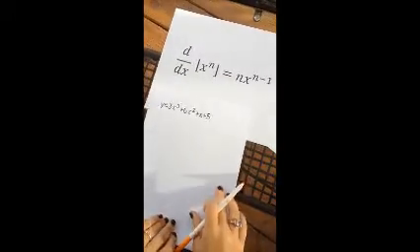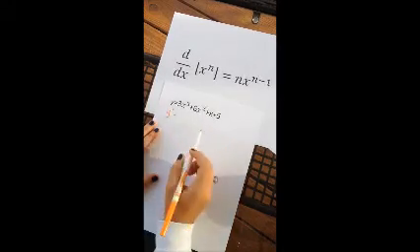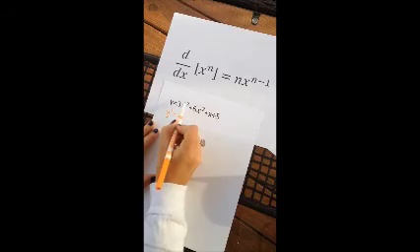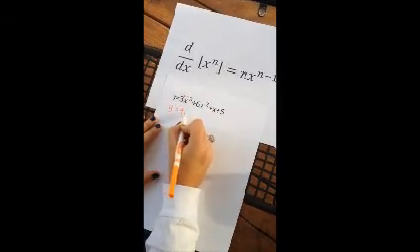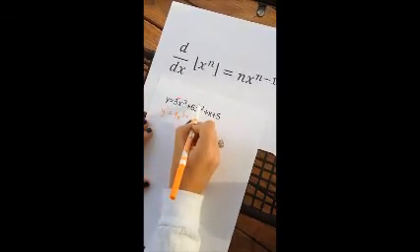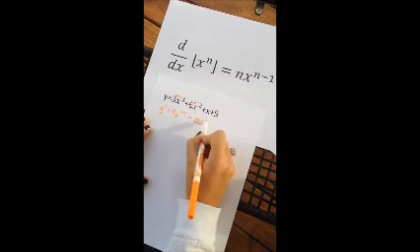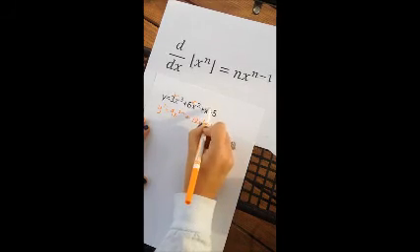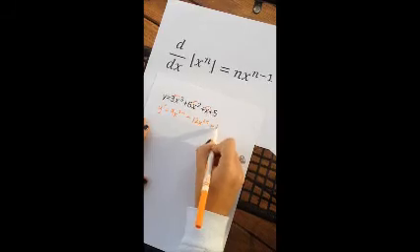Alright, the second example, we're going to do y prime. Now this one has a coefficient out in front, so we do the same thing, but we just multiply these two right here. So that's going to give us 9x to the 3 minus 1, plus, multiply these, 12x to the 2 minus 1, plus, now this one has an understood 1 right here, so you bring down that 1 to the front.